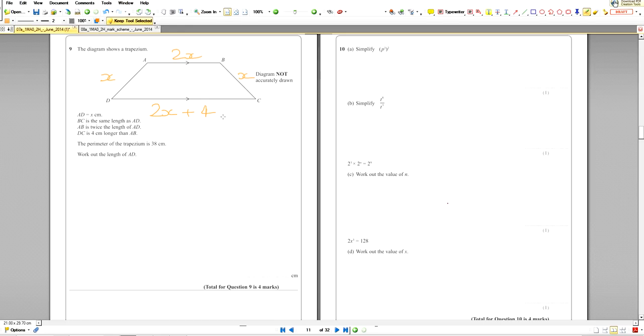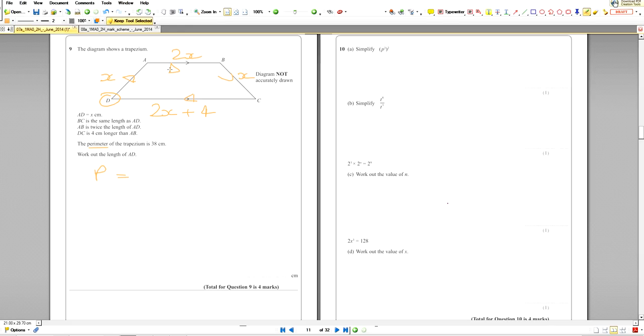Now the question says, now that we've labeled all the distances on there, the perimeter. Mr. Junaid, when you talk about perimeter, what are we talking about? We're talking about the distance all the way around the shape. So the perimeter of the trapezium is equal to 38. So let's start from one corner and go all the way around. These are my arrows to show direction.